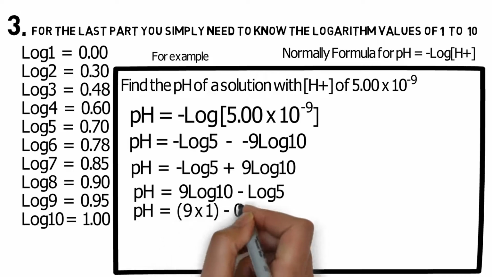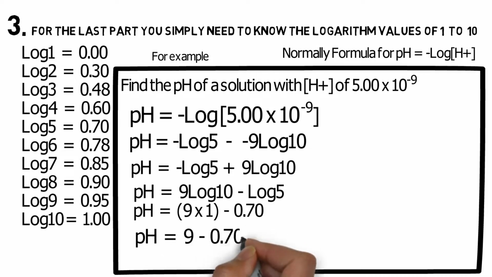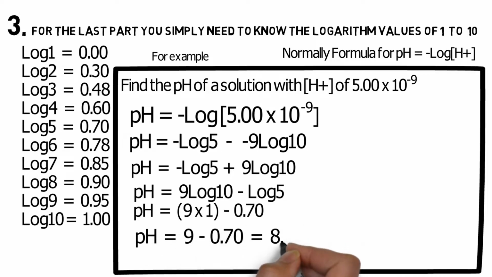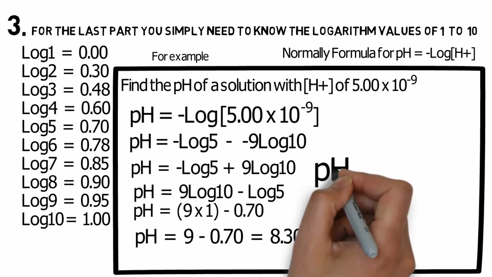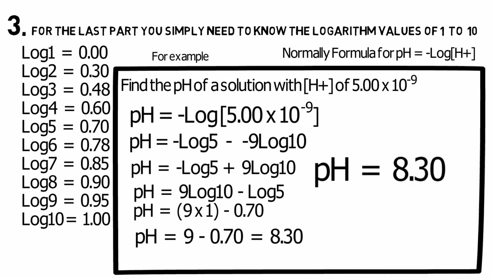So it's going to be 9 times 1 minus, again looking at our representation, we have that log 5 equals 0.7. So this is going to equal 9 minus 0.7, and this equals 8.3. So our pH is equal to 8.3.